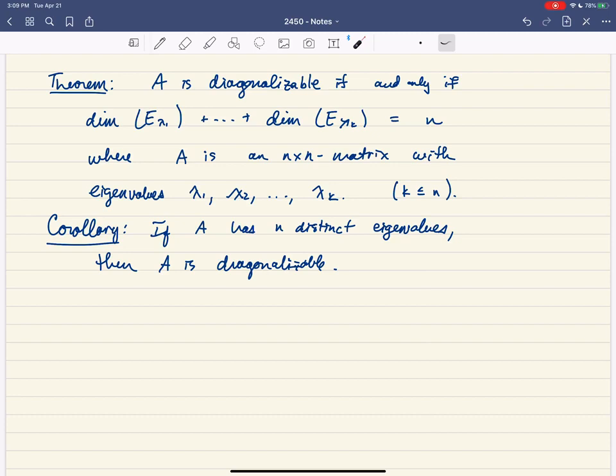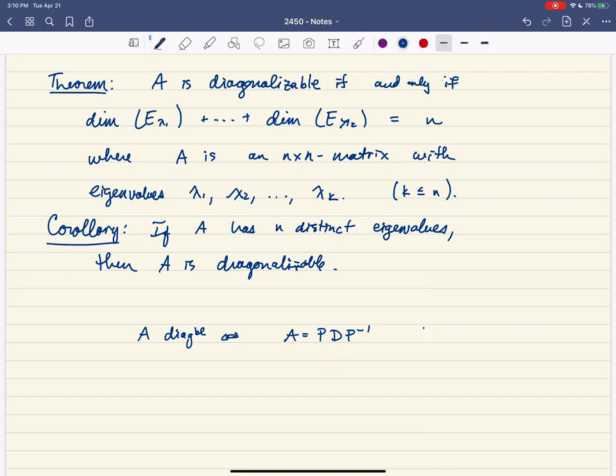Remember that A being diagonalizable means that A is similar to a diagonal matrix, and similar means that you can write A as a product of these three matrices, P times D times P inverse. It's important that P and P inverse are inverses, of course, and D is a diagonal matrix.